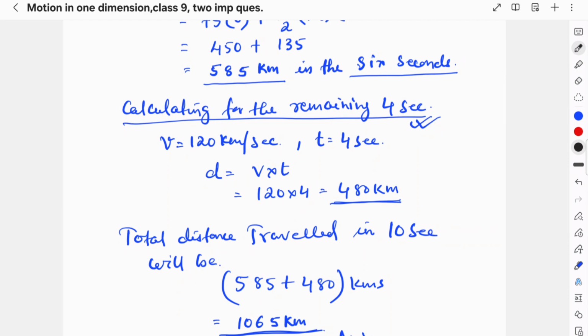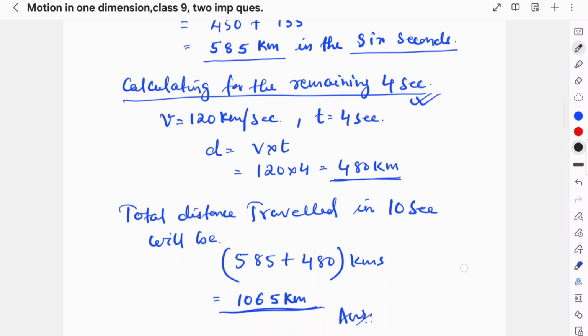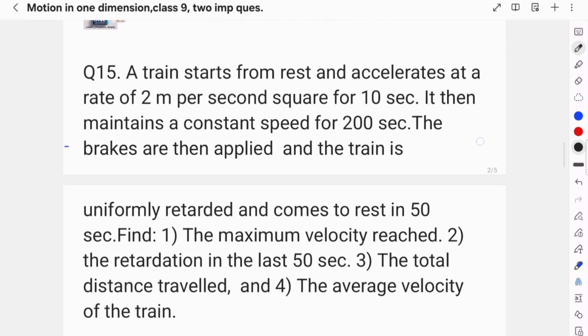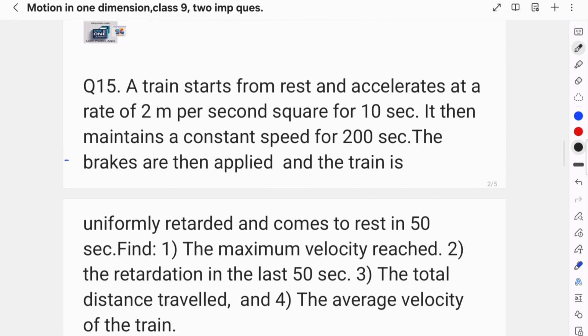Now let's see the last question. So this question says a train starts from rest and accelerates at a rate of 2 meters per second square for 10 seconds. It then maintains a constant speed for 200 seconds.